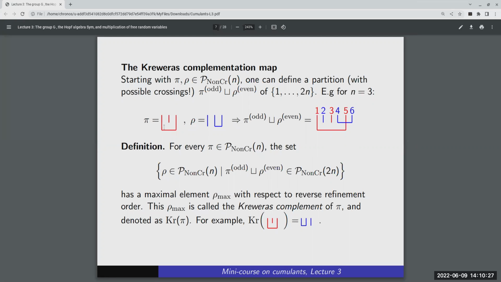For this pi here, imagine that pi is drawn in red, and I need to draw a rho in blue as big as possible. I can connect 2 to 4, and then 6 must stay a singleton. When I divide by 2, this is the Kreweras complement for the given pi. So this was the review of the Kreweras complementation map.